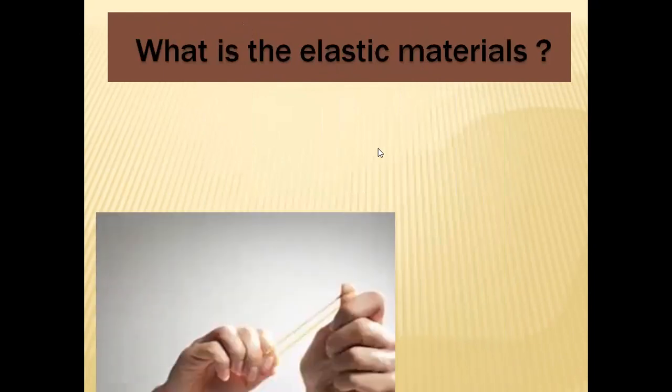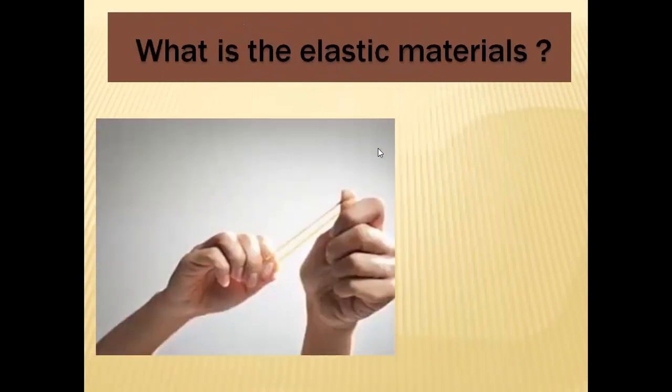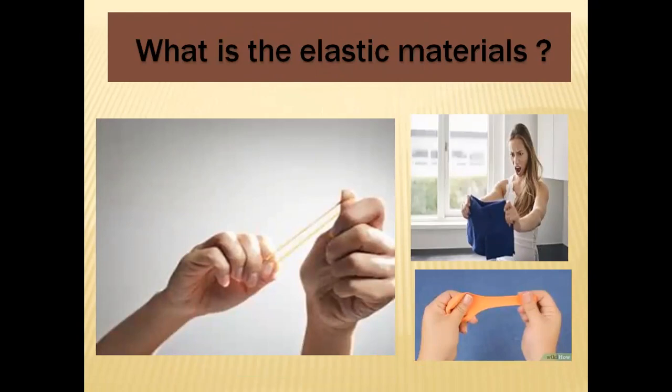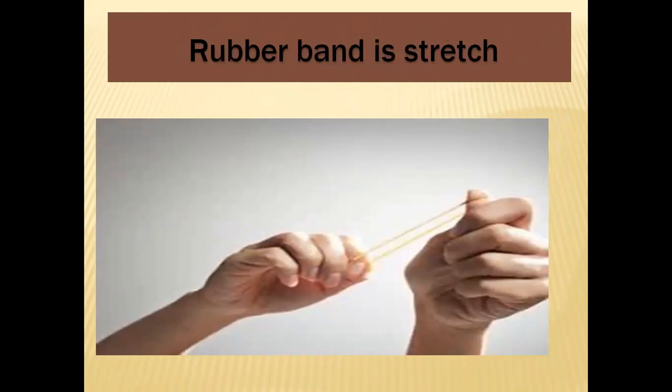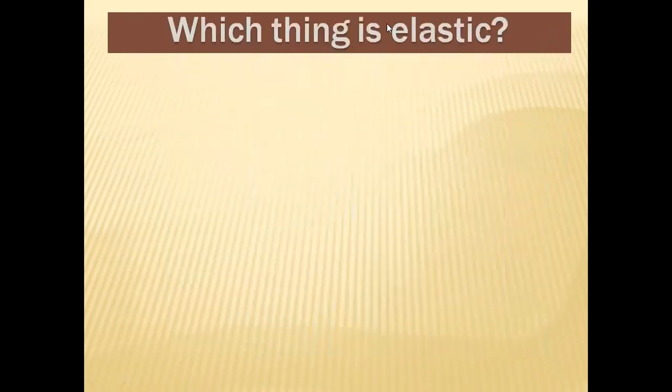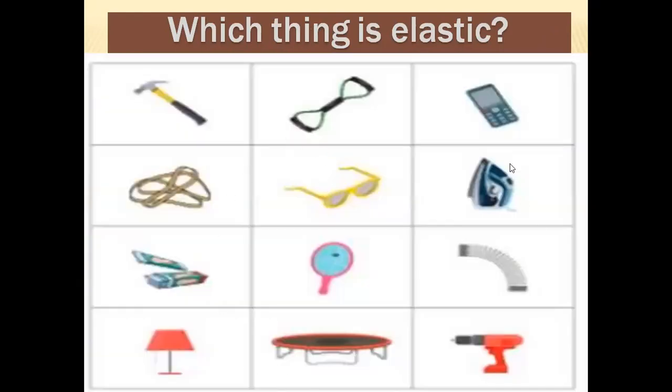What are elastic materials? We have studied that there are some elastic materials which can be stretched easily, and they have elasticity in them. Like a rubber band is stretchy. It has elasticity. Which things are elastic? You can see here some of the things that are elastic and some that are not.